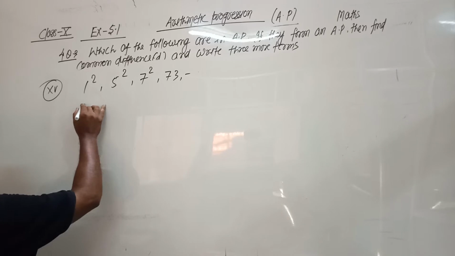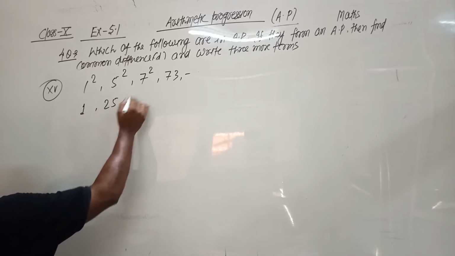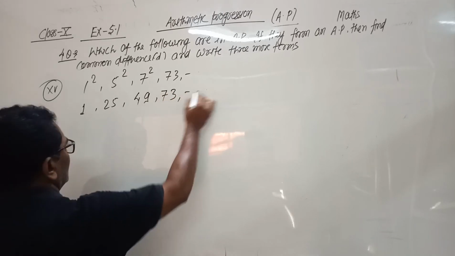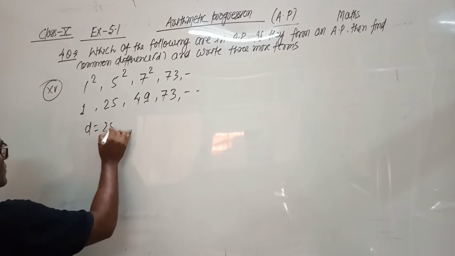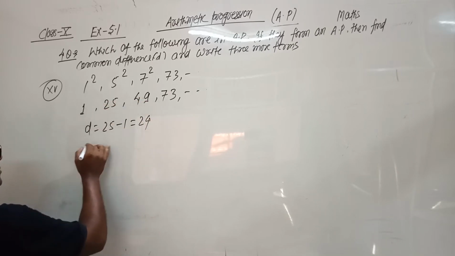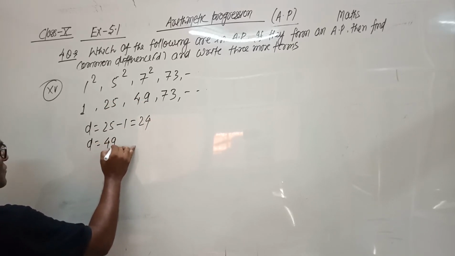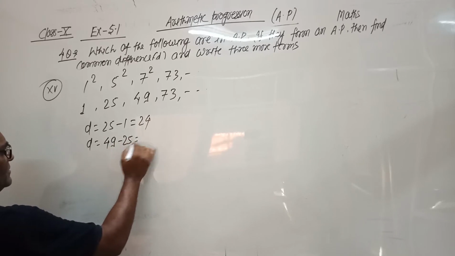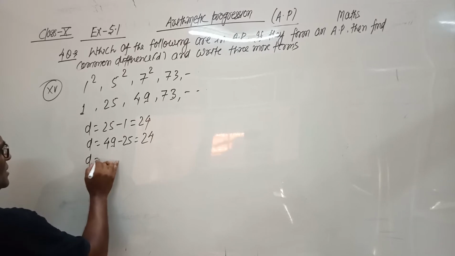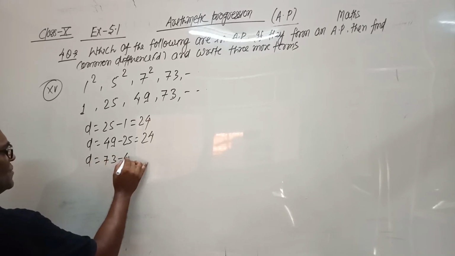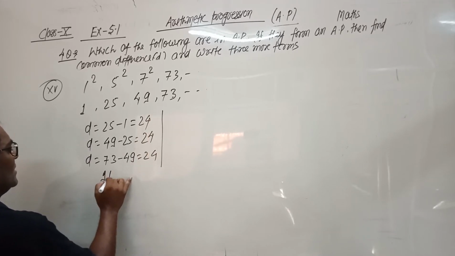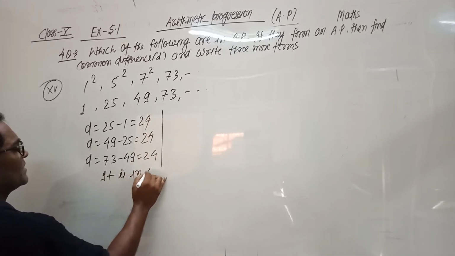We remove the squares: 1, 25, 49 and 73. Find the common difference from the first two terms, 25 minus 1, 24. From the next two terms, d equals 49 minus 25. This is also 24. From the last two terms, 73 minus 49, which is 24. The common difference is the same. It is in AP.